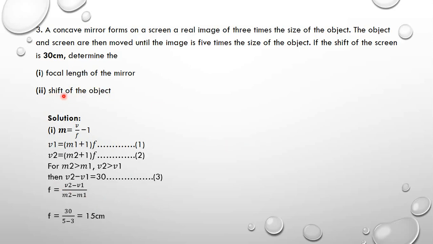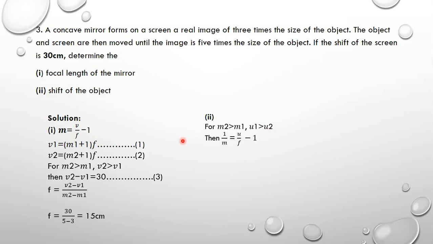For the shift in the object position, we shall use the same method as in the previous question. We have m2 greater than m1, implying that u1 is greater than u2 because m is inversely proportional to u.